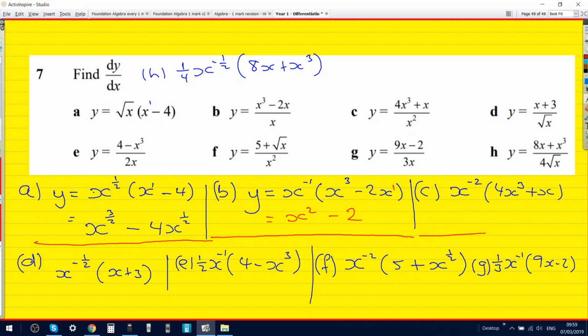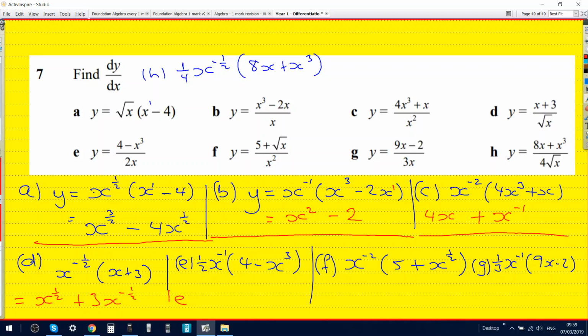Next one. 4x, x minus 2, plus x to the minus 1. D. x to the power of half, plus 3x to the minus half.